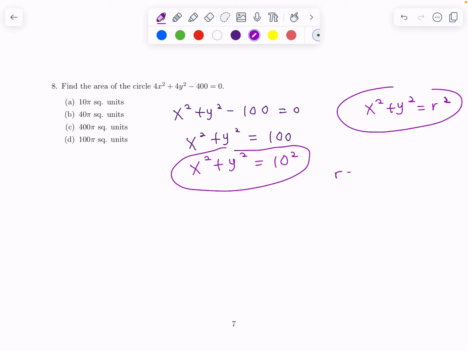Your R is going to be 10. Now, what is the area of the circle? A is equal to pi R squared. So I have pi, and what is my R? My R is 10 squared. So this is 100 pi. So the solution is D. Solution is D.